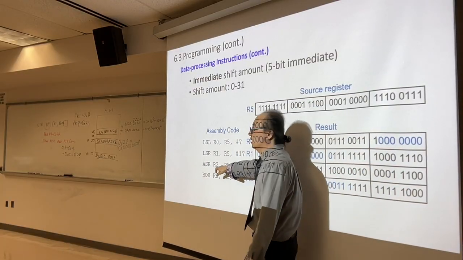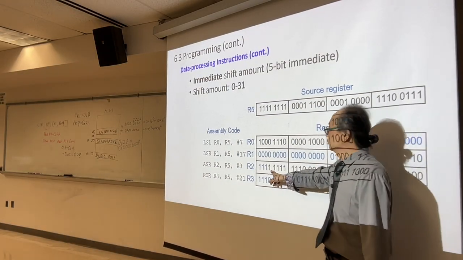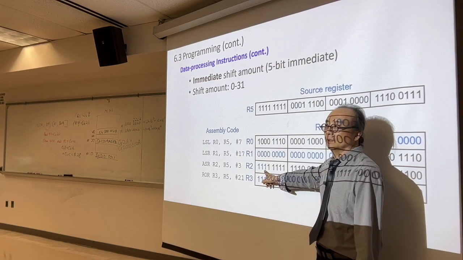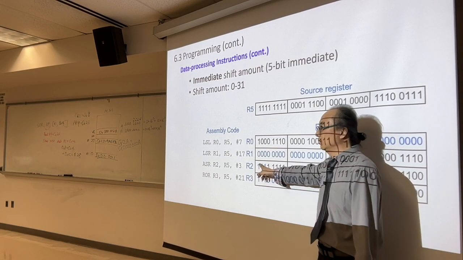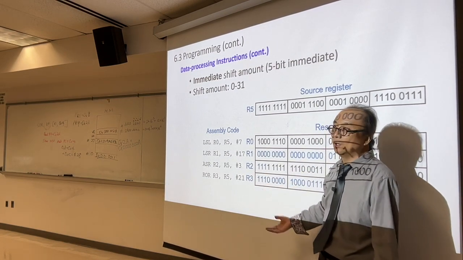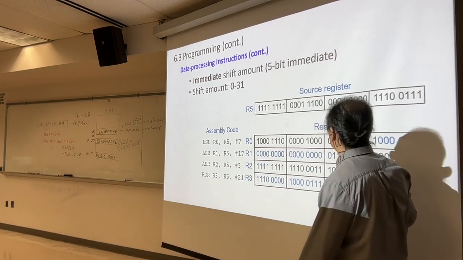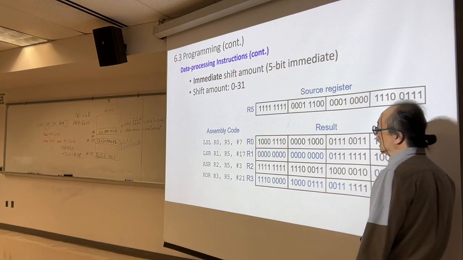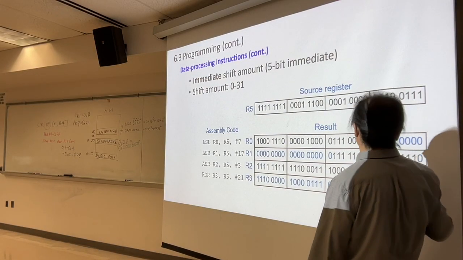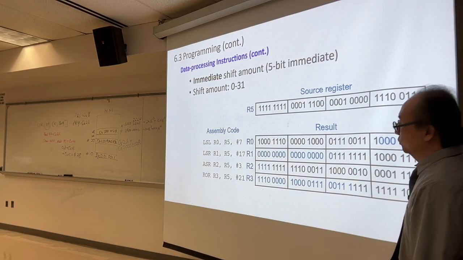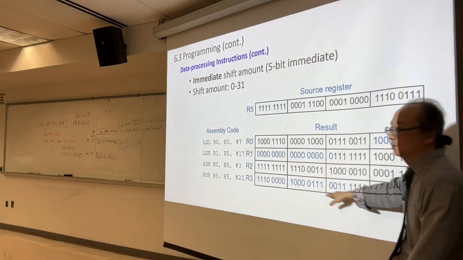However, for arithmetic shift, when we shift, we need to look at the most significant bit and keep the sign. If it was 1, we fill in 1s. If it was 0, we fill in 0s. And then rotate right by 1 bit: you push to the right, and whatever is left from the 32 bits, we feed back in from the front.